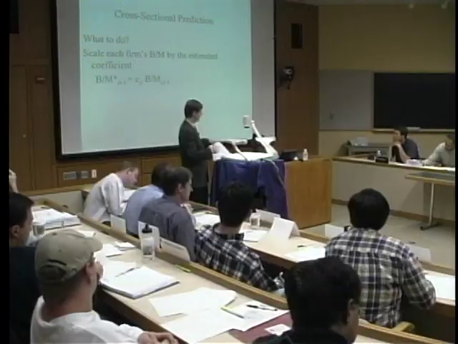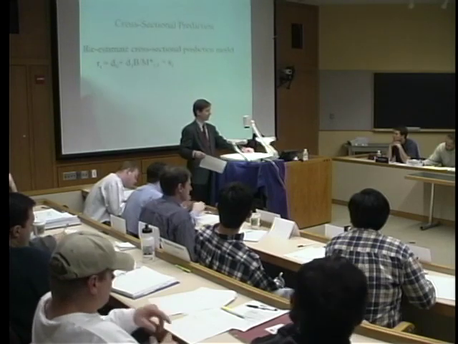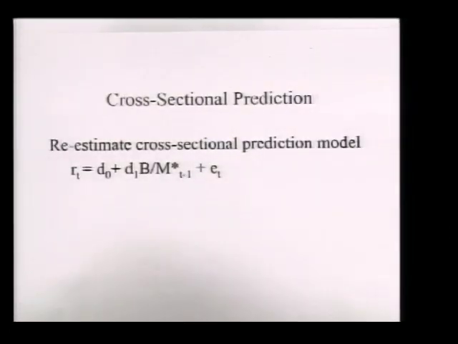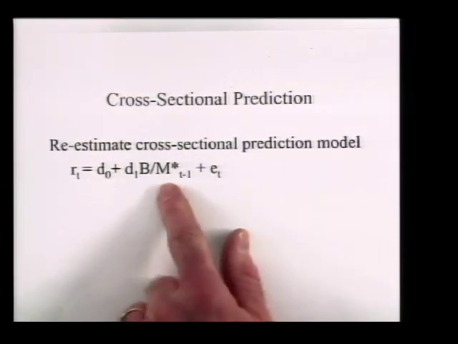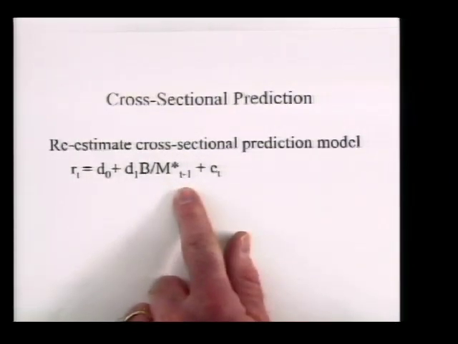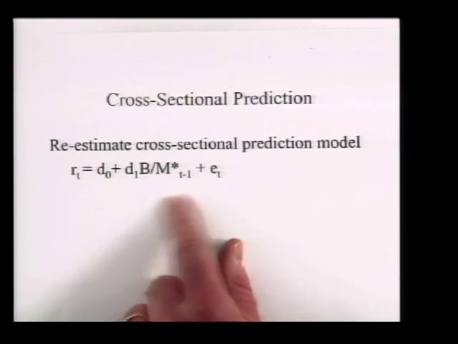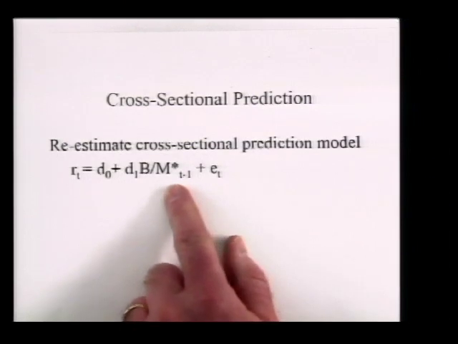Create a column D, which is column B multiplied by column C. Run the regression again, our cross-sectional regression, and regress column A on column D. All we've done is rescale the book-to-market ratio firm-specifically. This is going to be a lot more stable and better specified. And my research suggests that this is the way to actually use attributes in cross-sectional prediction.